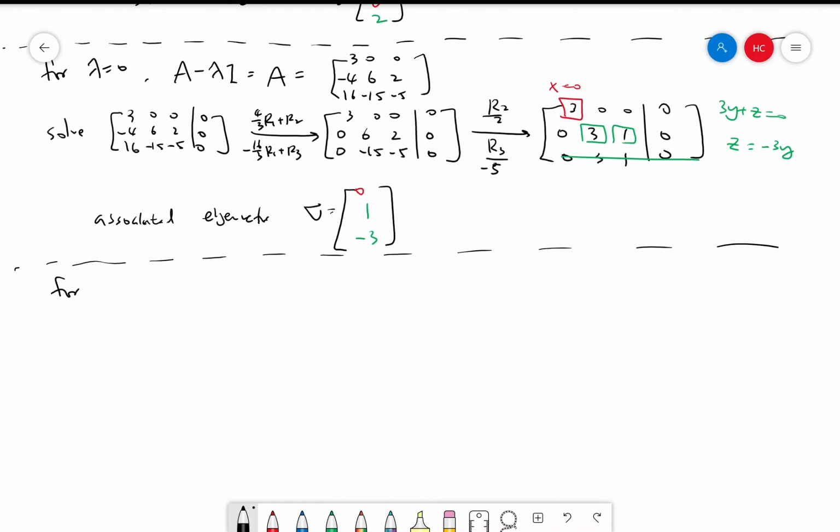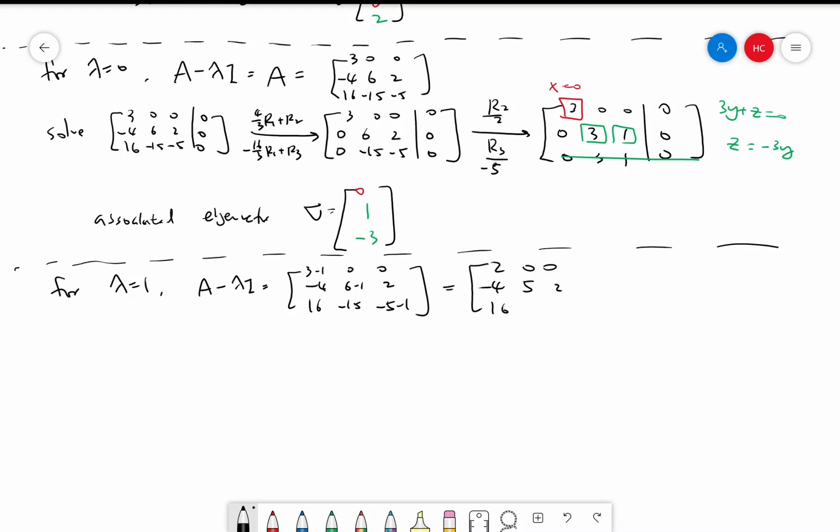So for lambda equal to 1, A minus lambda I is 3 minus 1, 6 minus 1, and negative 5 minus 1. So it's 2, 0, 0, negative 4, 5, 2, 16, negative 15, negative 6. Alright, so let's solve the system of linear equations again.